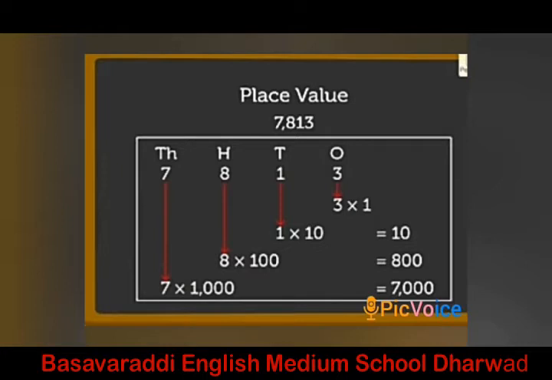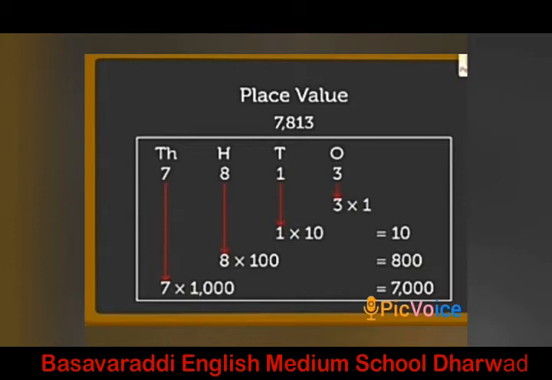That is, the digit 7 is in the 1000 column. 8 is in the 100 column, 1 is in the tens column, and 3 is in the ones column. Now let us have a look. The value of 7 is 7 into 1000, that is 7000.